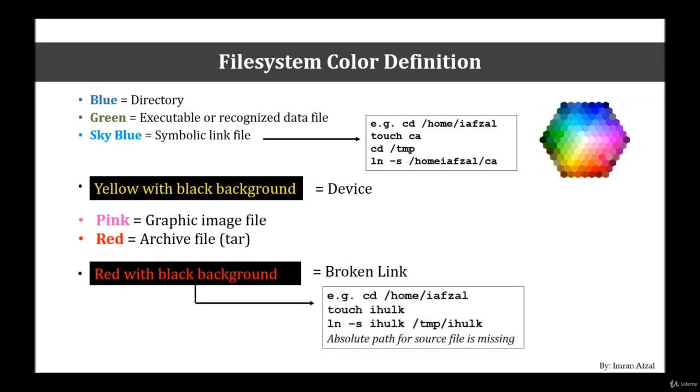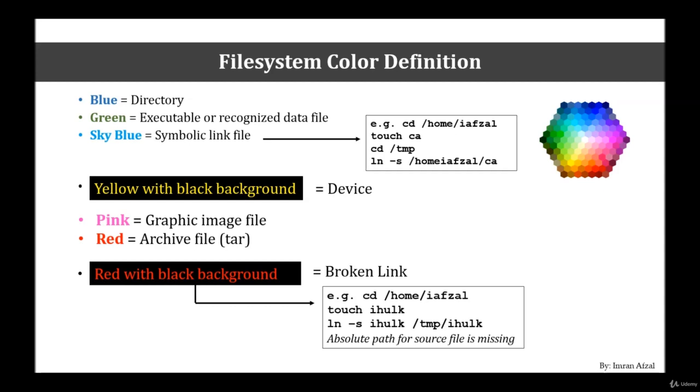As an example, you will go into the /home/ifzol directory, you create a file, let's say touch iHulk, meaning Incredible Hulk. Then you run the command ln -s iHulk /tmp/iHulk. Now once you run this command, it will show up in red with black background.